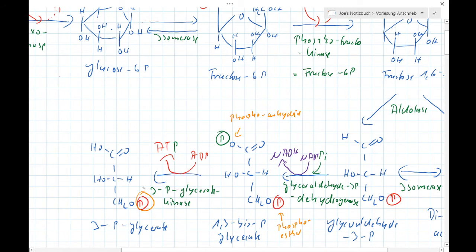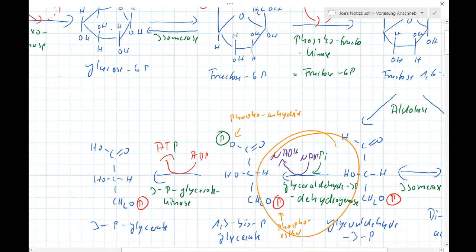However, unfortunately, if we do that directly from here, it doesn't work because it's an ester bond, and this ester bond doesn't have enough energy. Therefore, we must bring this phosphate in this molecule to a position where the bond has enough energy in order to be transferred. And in this case, this is done with internal rearrangement, so it's no more an oxidation.